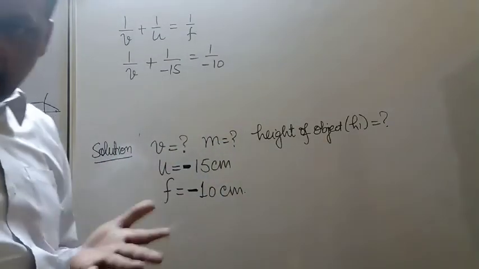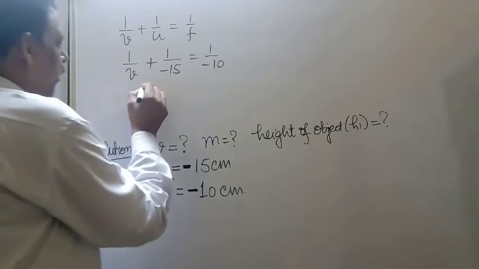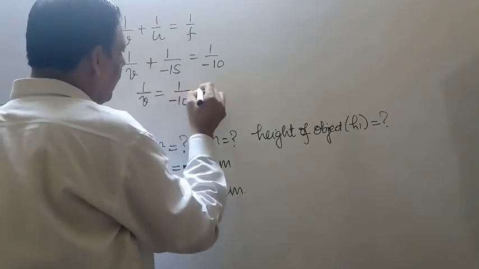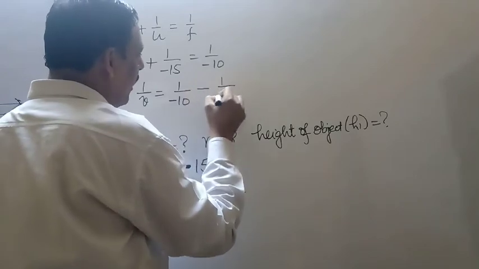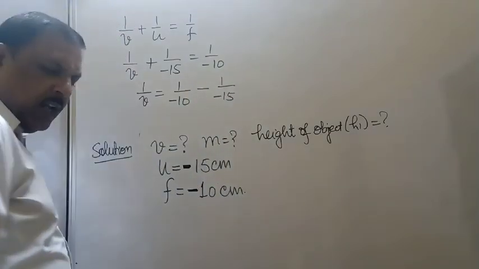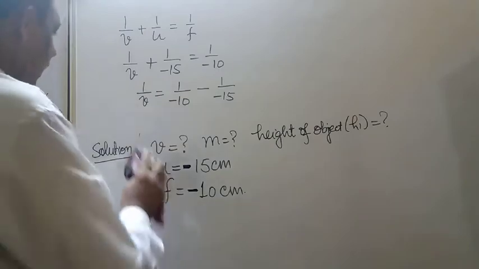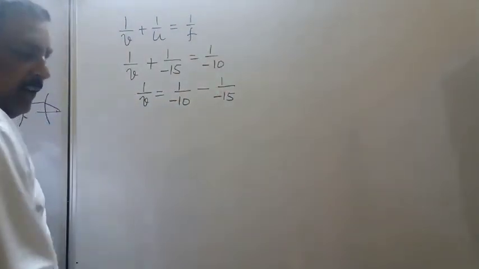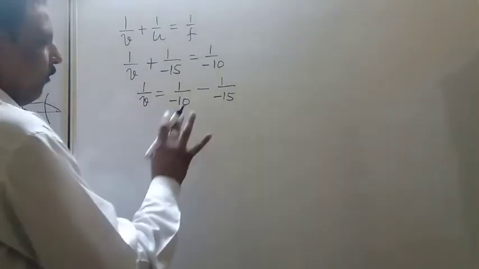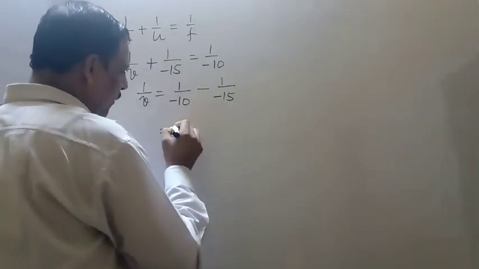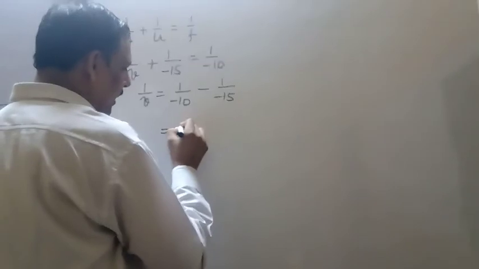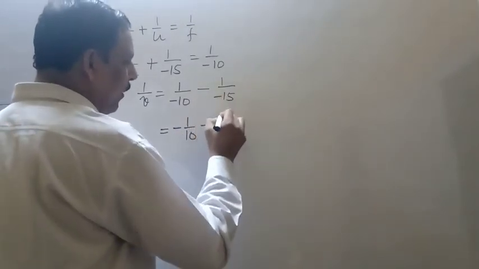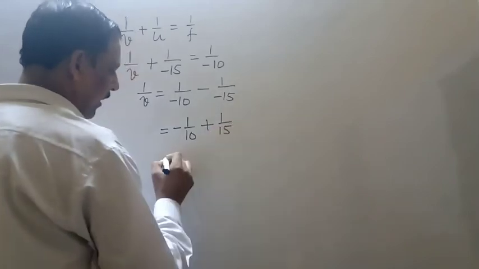Simple mathematics, but you should be very careful. 1 upon v will be 1 upon minus 10 minus 1 upon minus 15. In mathematics we cannot tolerate a negative sign in the denominator, so it comes upside: minus 1 upon 10.